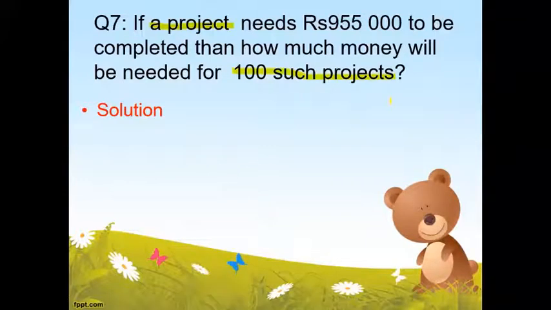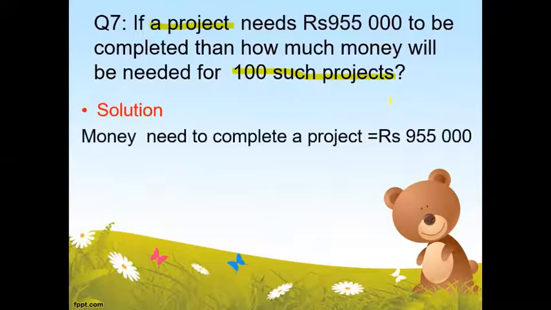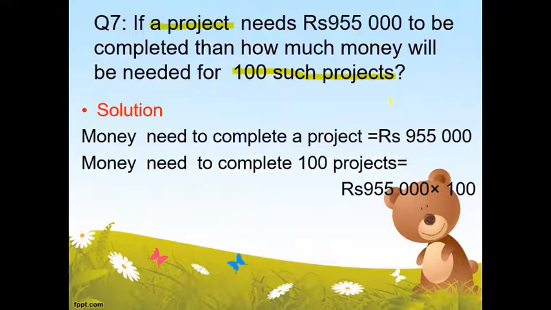So we will do the multiplication, because we know about one and we want to find about 100 projects. You will write it, money needed to complete a project, then money needed to complete 100 projects. So for that we will multiply the one project cost with 100. And again I will emphasize that it will be better if you first solve it and then go to the next slide to check the answer.